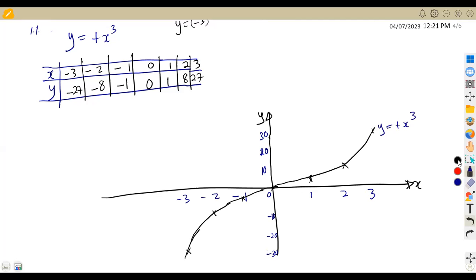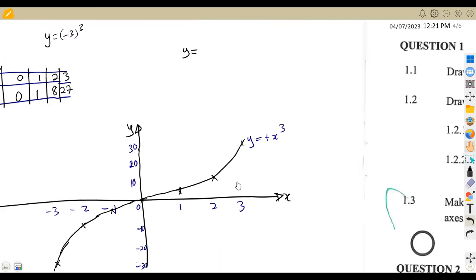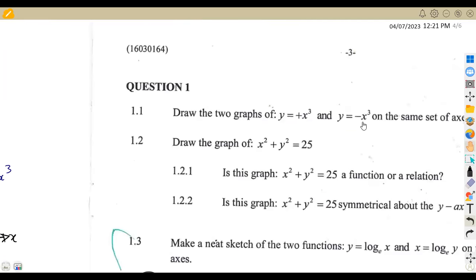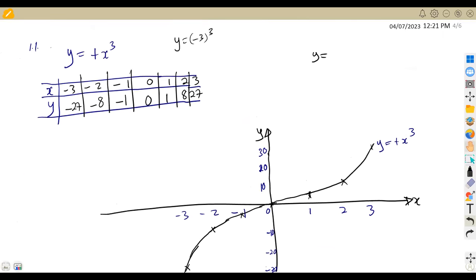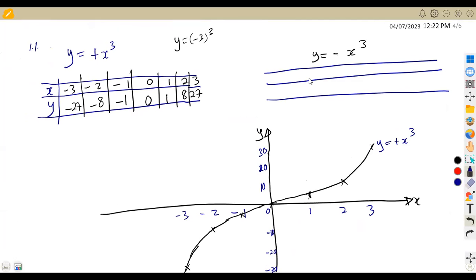The same thing you are going to apply again for y is equal to minus x to the exponent of 3. Remember, this is on the same axis, okay? So you can have our table again for the graph of y is equal to minus x to the exponent of 3, taken again from the same values of x, which is from x is -3 up to +3.